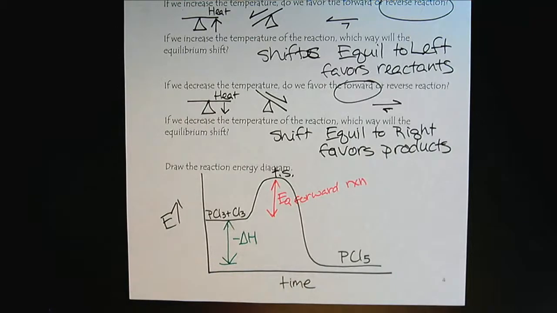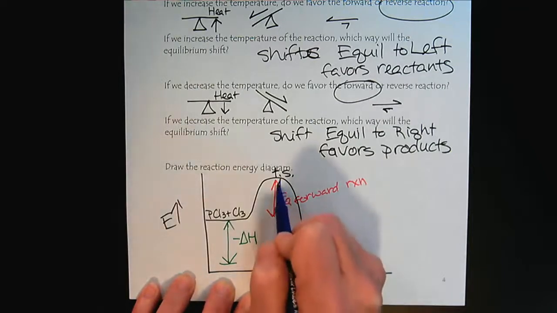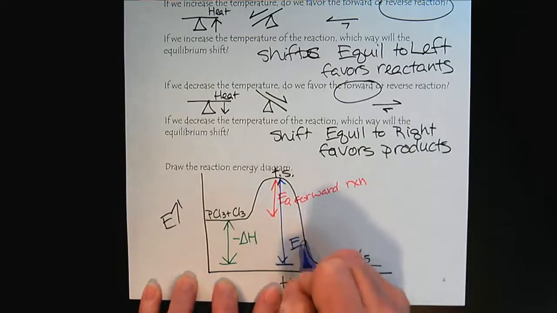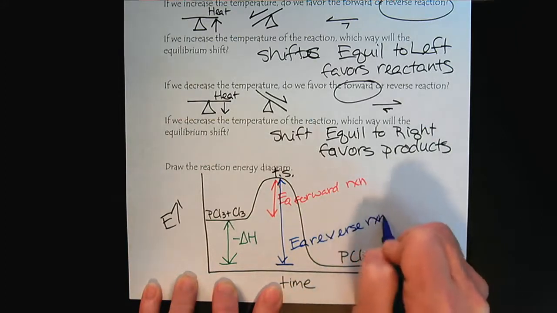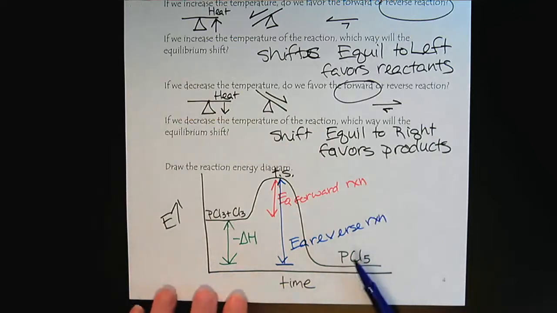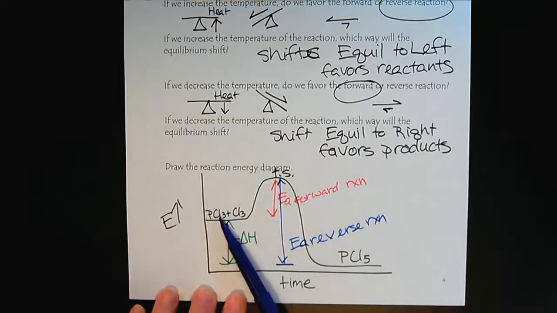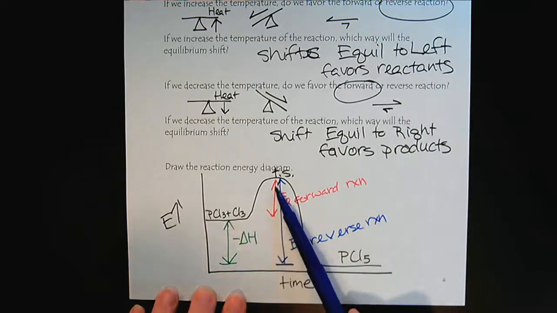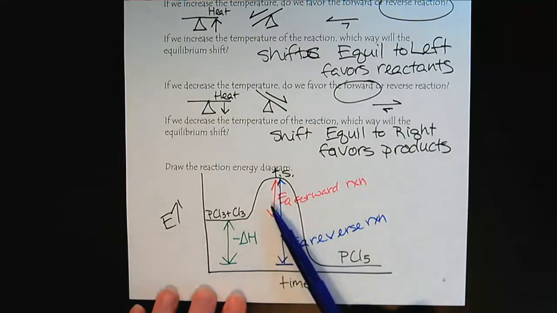If we want to look at the reverse reaction, we would start here and go up to the transition state. So E sub A for the reverse reaction. So this can help us see that as we add heat, there's more energy to overcome this large activation energy and produce the reactants. At low temperature, there's not as much energy available, and so the forward reaction is favored because it has a much smaller hill.